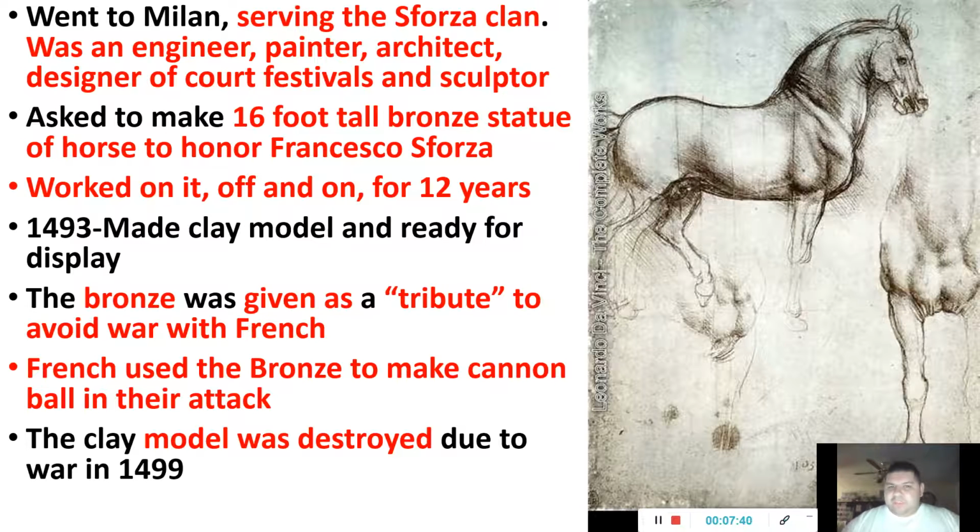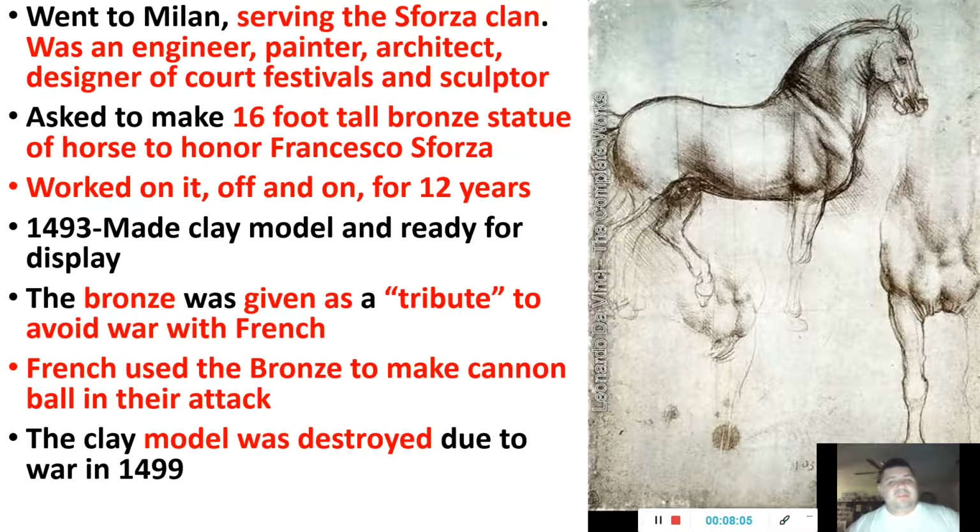But in 1493, he finished it, and basically now it comes to the part with the bronze. But that's where some issues come up. The French actually march into Milan, and the Milan government people are like, "Hey, France, don't attack us. In fact, as a little tribute, as a way of saying, don't attack us, please, here is some bronze.